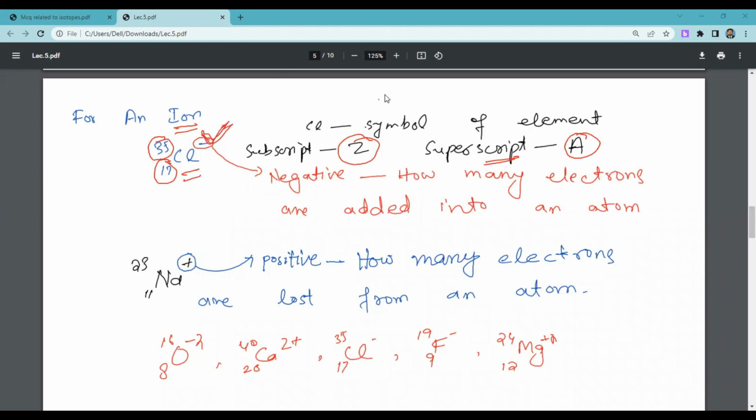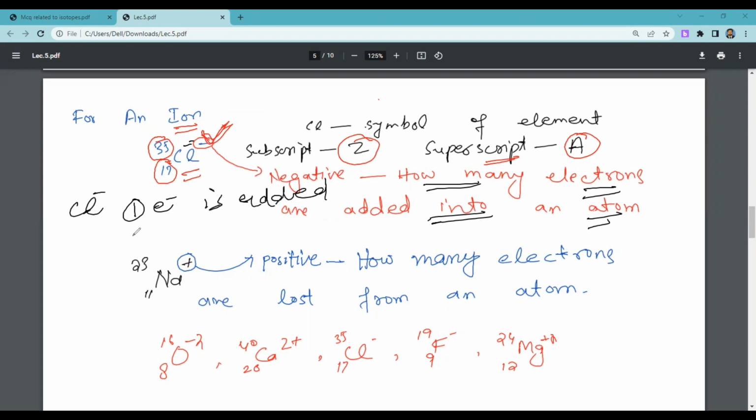And the negative sign will give us information about how many electrons are added to an atom. Therefore this negative sign is appearing. One negative charge means that one electron is added in an atom. If two negative charges, it means that two electrons are added in an atom.